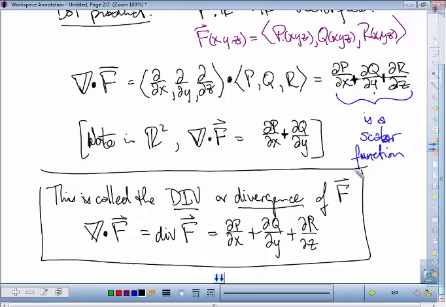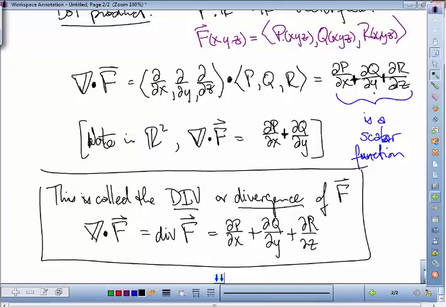Now let's do the other one, which is the curl. I mean the cross product. And let's see how that looks. Yeah, well, instead of a dot product, you put a cross, and then we'll get a different result.